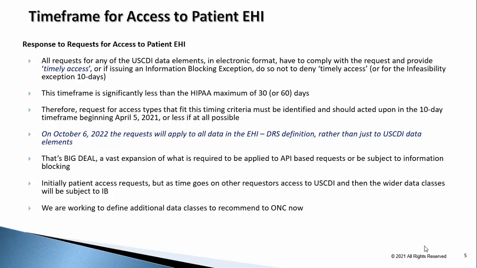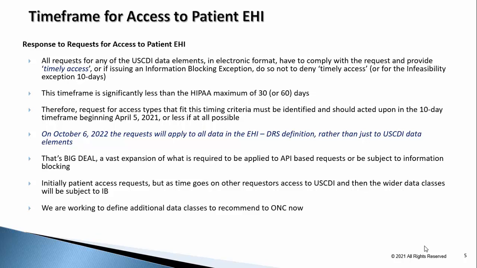So be very careful and start working to define what other data classes you have, which are types of information that a patient could request that you have about them.